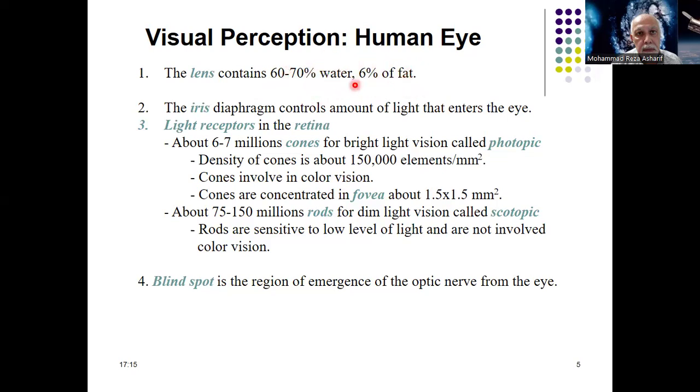So if an old person takes a lot of ultraviolet to the lens, the fat gets yellowish and becomes like a cataract. It is like a white fog, and people cannot see very well.